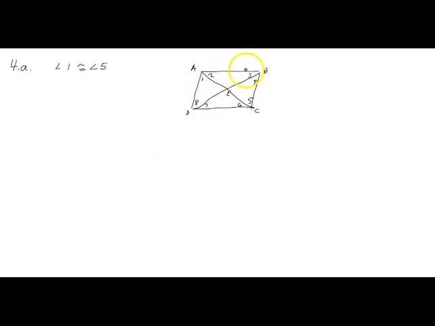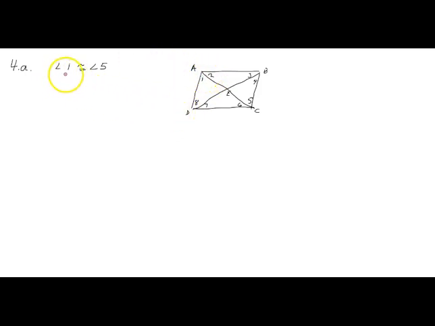They say that AB would be parallel to CD, or that AD would be parallel to BC, both A and B, or neither A nor B. And depending on which angles you're talking about would be which parallel lines were congruent.